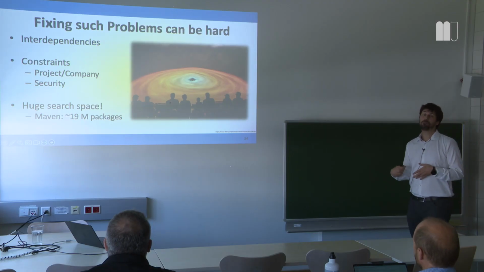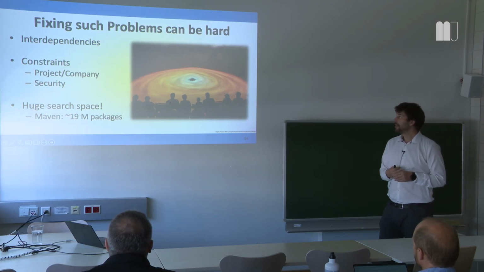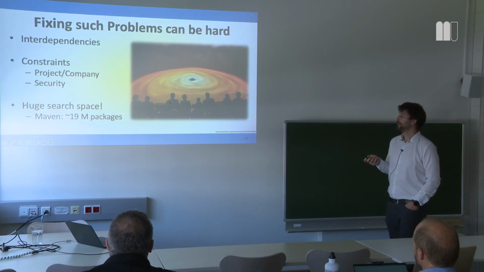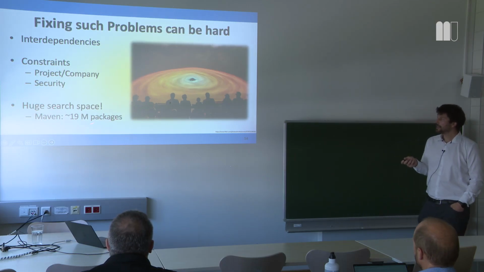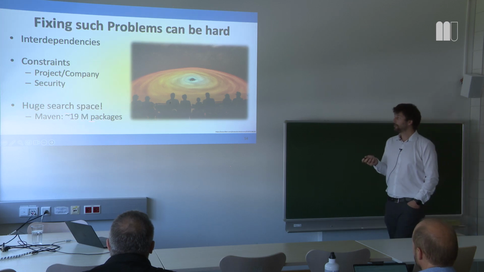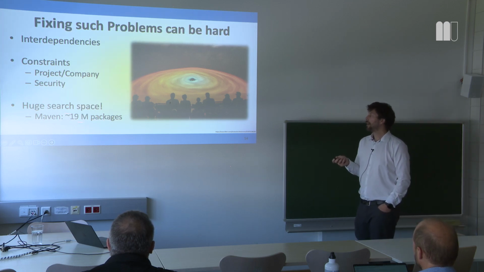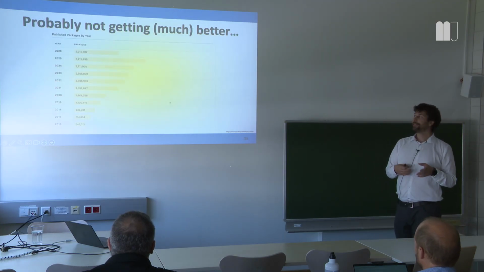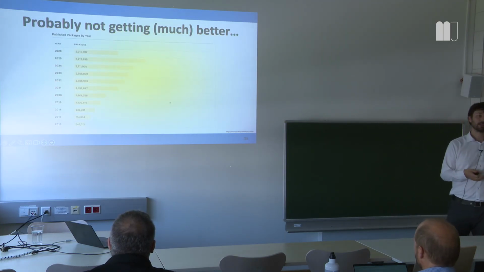Fixing these problems can be really hard. Detecting might be comparably easy, but fixing those problems might be really hard because also of the huge search space. So when we talk about these dependencies, the repository holding all these dependencies in the Java universe right now holds about 90 million packages, and the problem is this is not getting any better. It's vice versa, it's getting even worse.